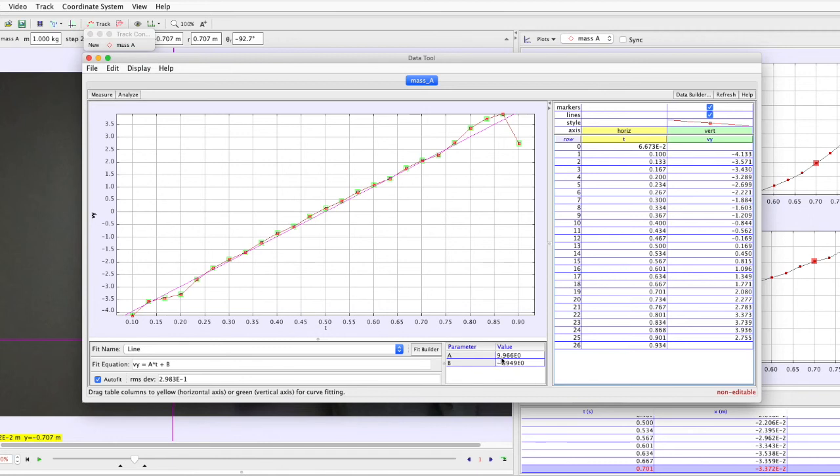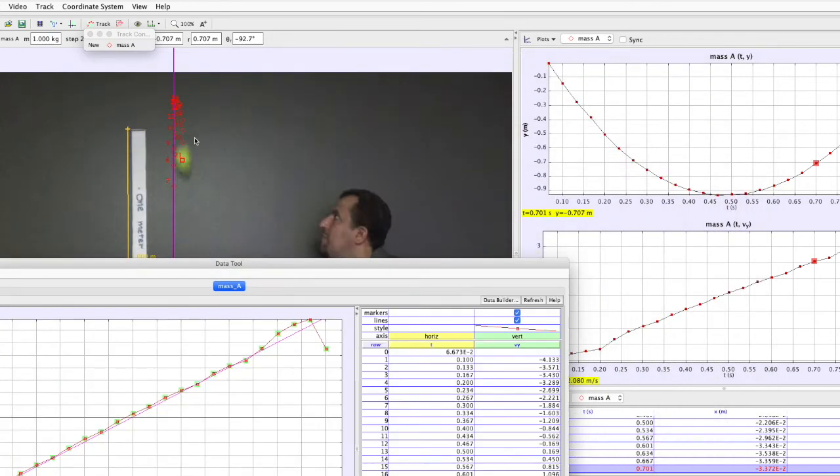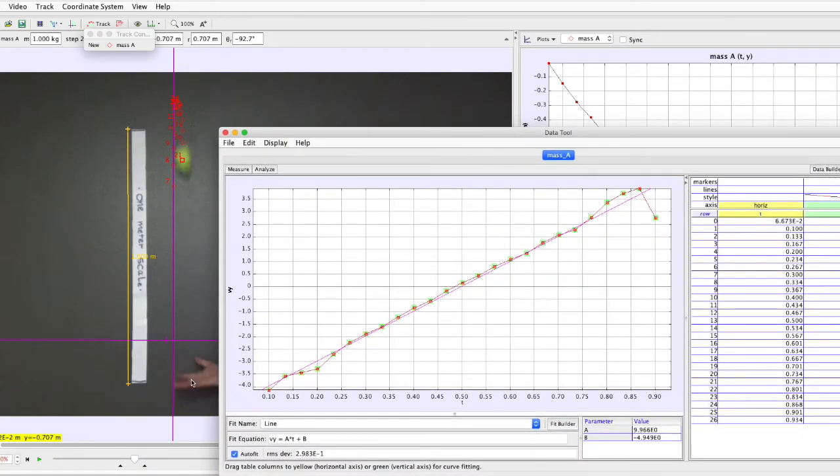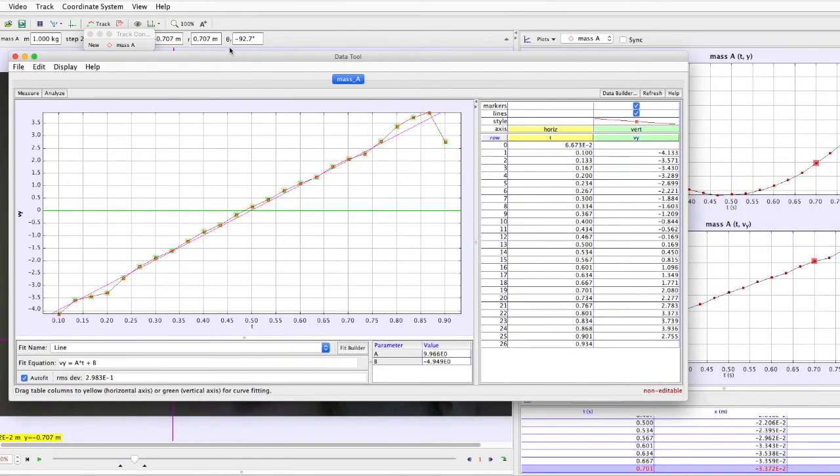You can see after we rotated the whole system, up we have negative y-axis and down we have positive y-axis. In this case, the gravitational acceleration can be positive. But if I rotated the axis again and have positive y-axis up and negative y-axis down, we will have negative 9.96 meter per second squared.